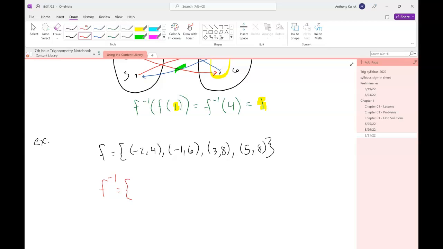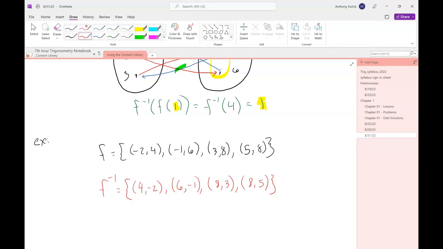That's what this is really saying. What would I write for f inverse then? How would I describe that as a set of ordered pairs? What would the first point need to be? Very good. 4, -2. And then 6, -1. 8, 3. And then 8, 5.